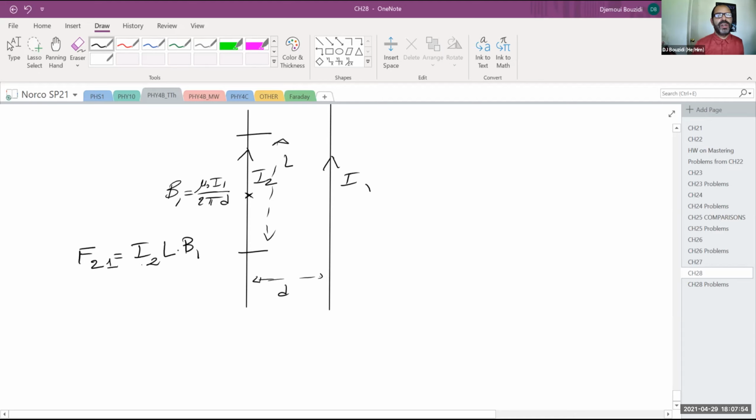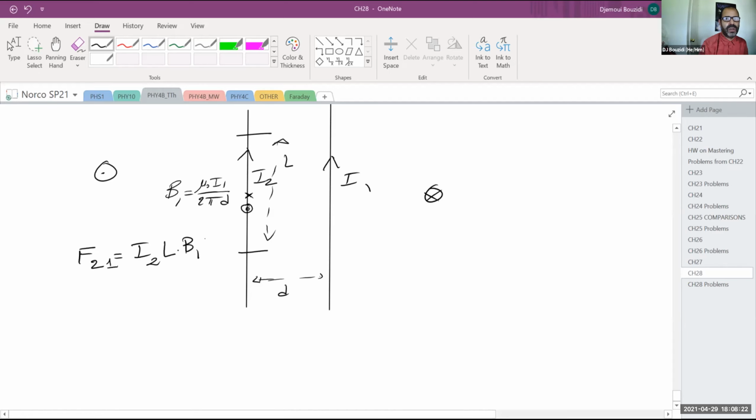I need to find, first of all, the direction of the magnetic field B1. Because the current is going up, that means the magnetic field is curling inward from this side, and outward from this side. Due to I1, it's going this way. So specifically at this point in space, the magnetic field is actually coming out of the screen.